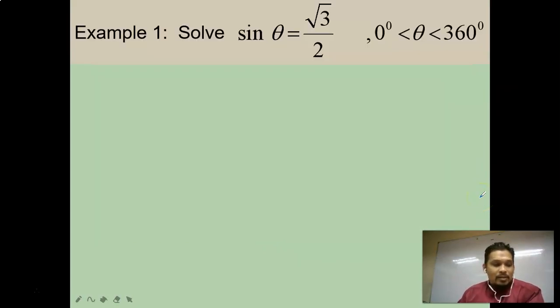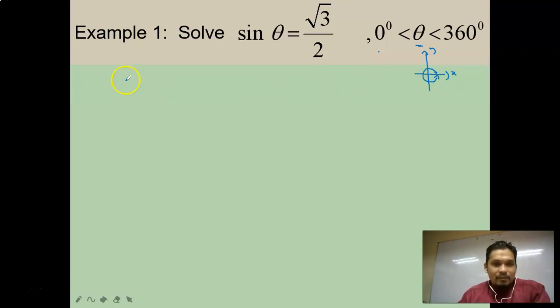So let's see the first example here. Given that the theta lies in a range of 0 to 360 degree, meaning x, y, it begins from here and then rotates 360 degree with anti-clockwise direction.